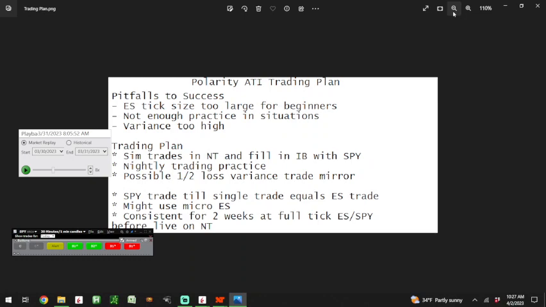That really doesn't matter if you are trading for a longer swing. But if you're doing something like Polarity, which is scalping, with 15 ticks or 10 ticks or 4 ticks, a tick by tick replay is really important. Let's say you didn't have this: it would mean practicing in simulation for 20 days.